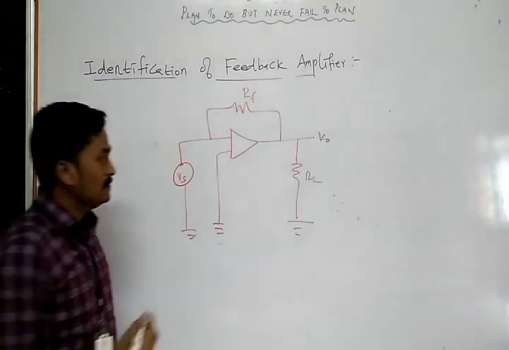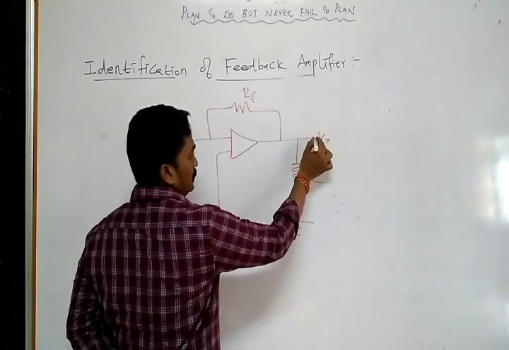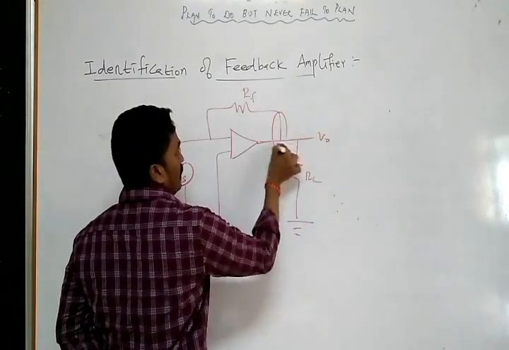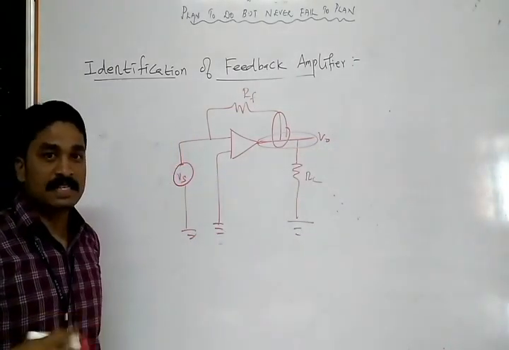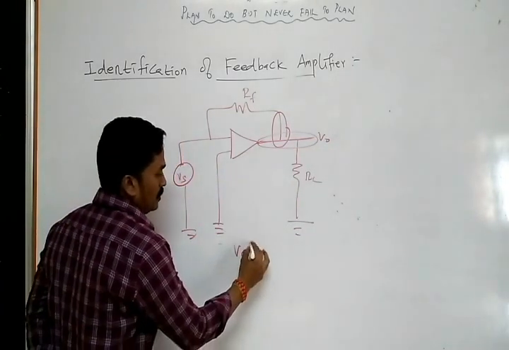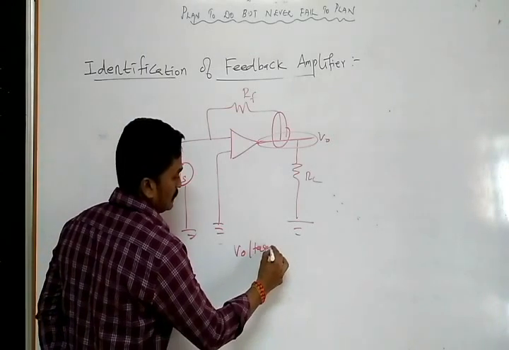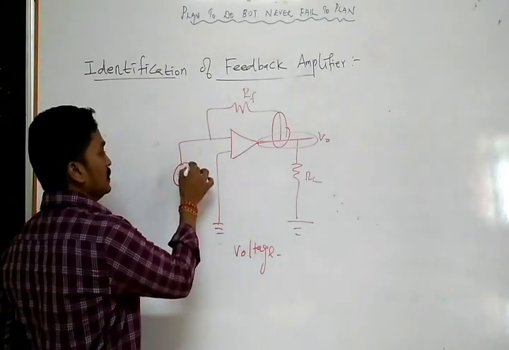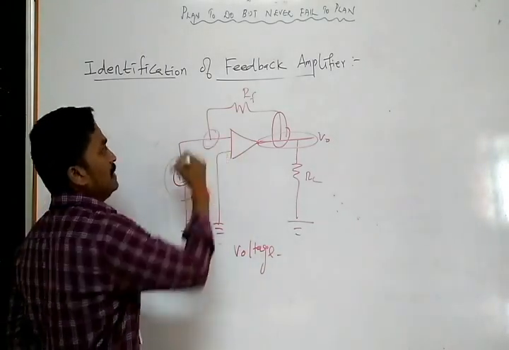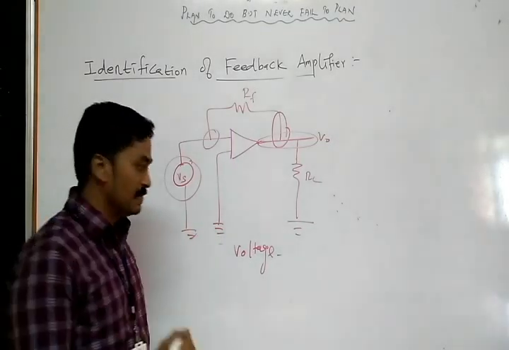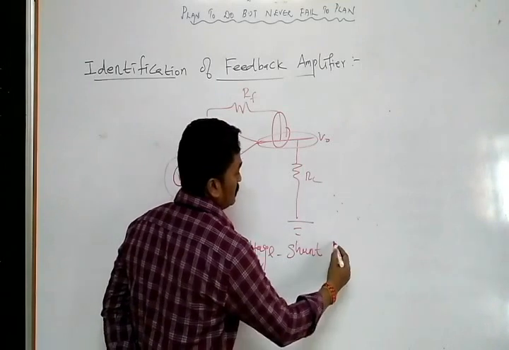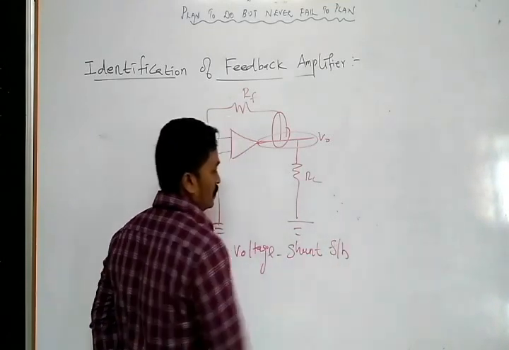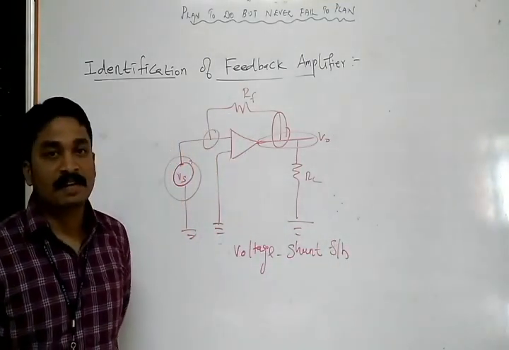Right. Now see, your output and the feedback are both at the same terminal. Same terminal means it is voltage sampling. And on the input side, your source and the feedback are both at the same terminal. It is called shunt mixing. So this feedback is a voltage shunt feedback amplifier.